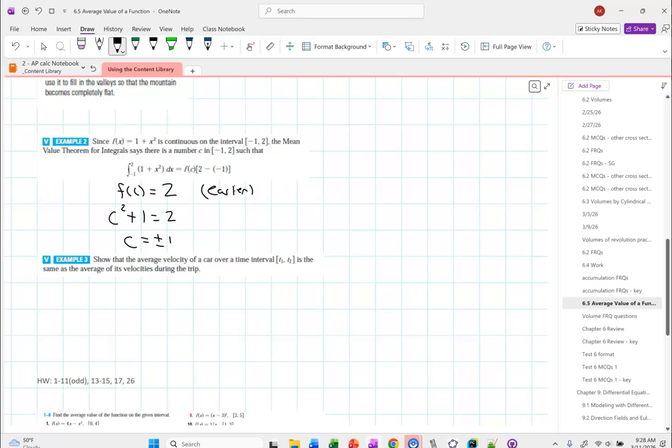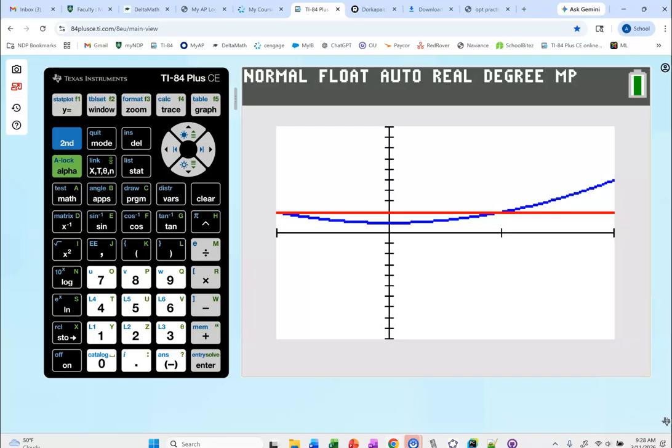So those are the places on that function where the graph takes on that average value, which, if we go back and look at our picture, matches up: -1, +1. That's where they match exactly, where the average value is the same as the value of the function. So that's how you can check. Does that feel good?